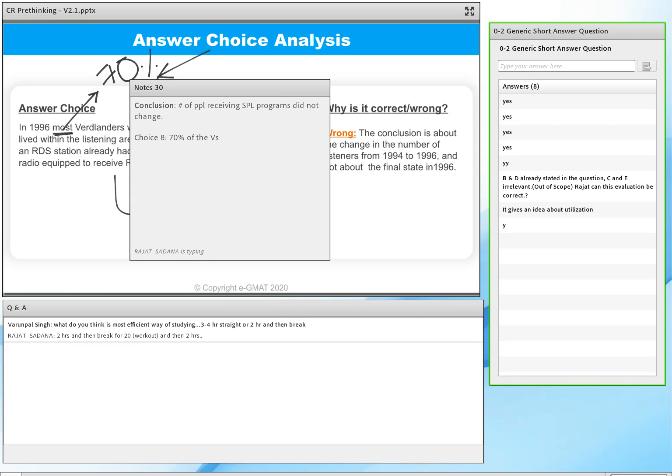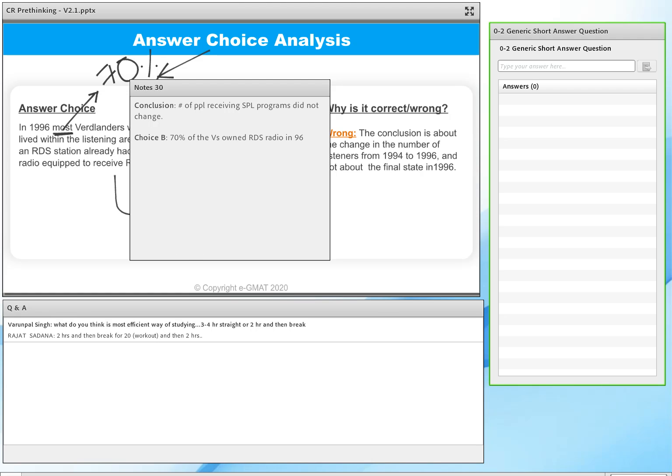Vs. I'm going to call them Vs. I'm not going to type Verlanders, that's just too much info. Now, this is the translation of choice B. I'm using the word 70% as most. Everyone's clear with that as well?